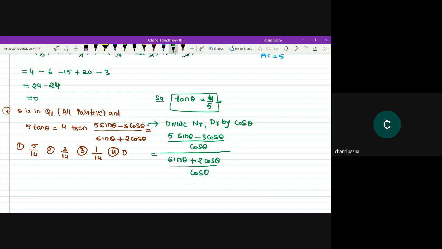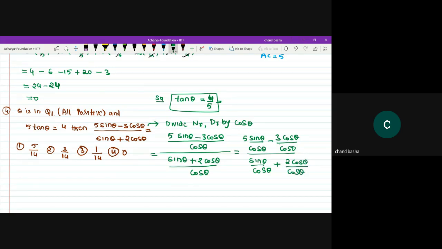Sir, why are you dividing only by cos theta? You can understand now. 5 into sin theta divided by cos theta minus 3 into cos theta divided by cos theta. I have distributed for the numerator. Similarly, the denominator: sin theta divided by cos theta plus 2 into cos theta divided by cos theta.